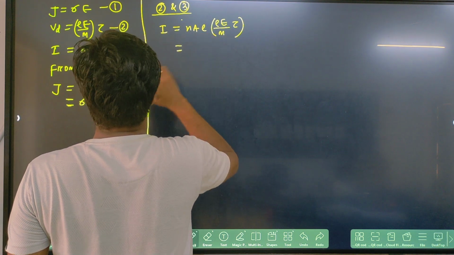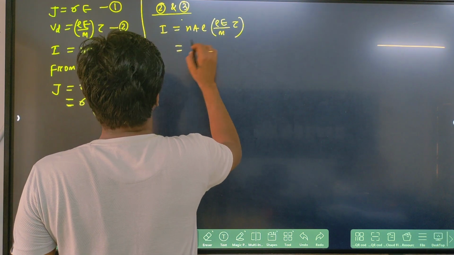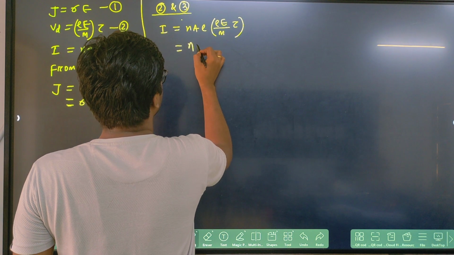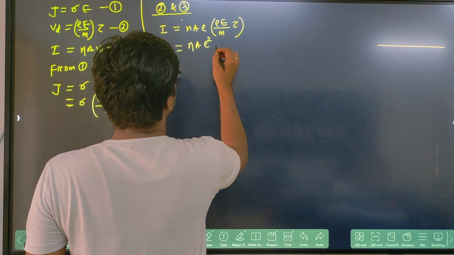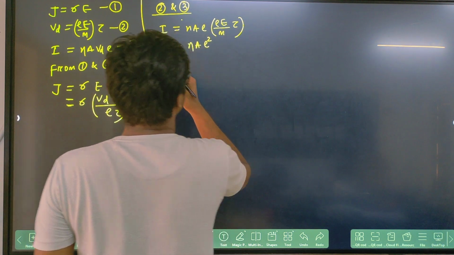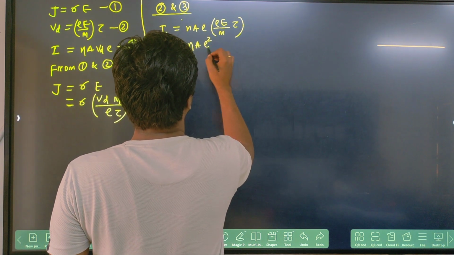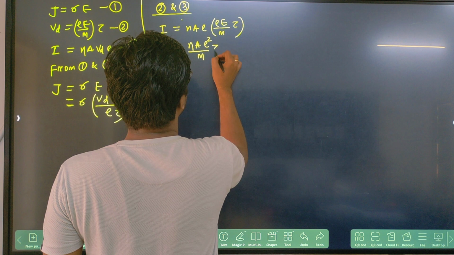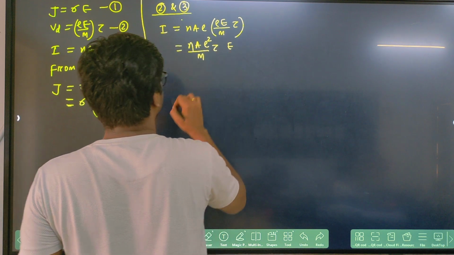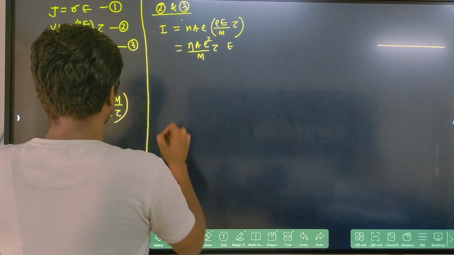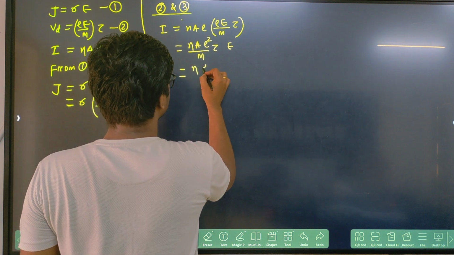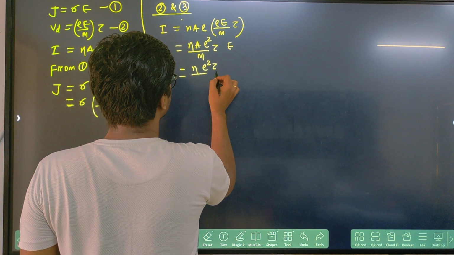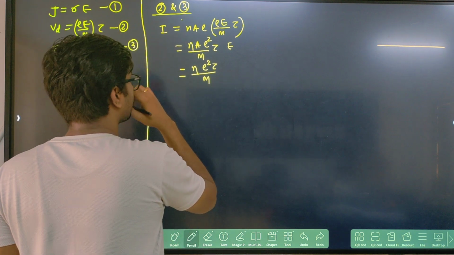So I can write here nAe square, divided by m into tau into electric field. So here it will be ne square tau divided by m.